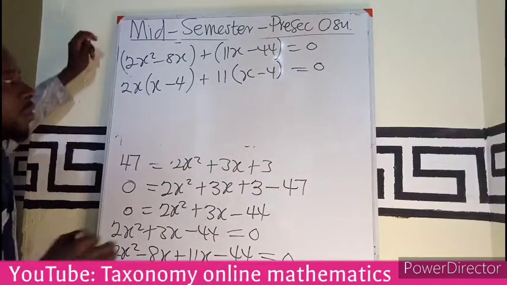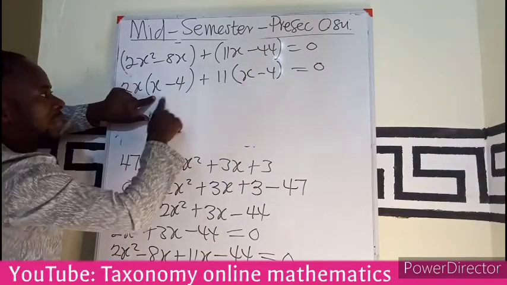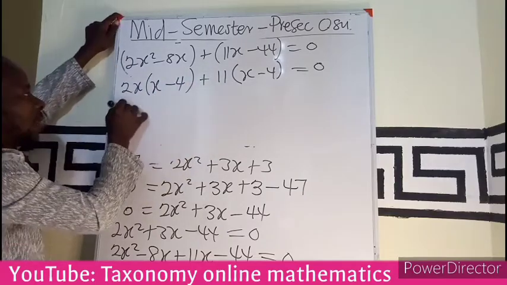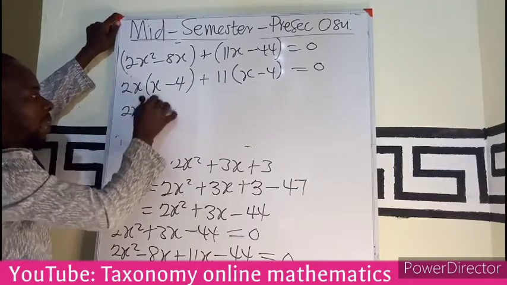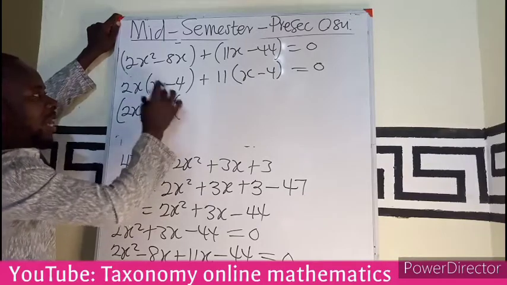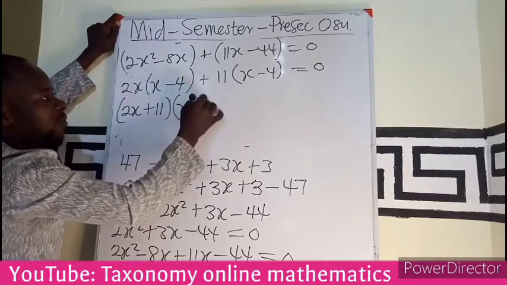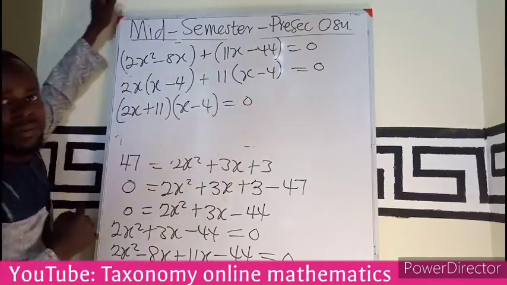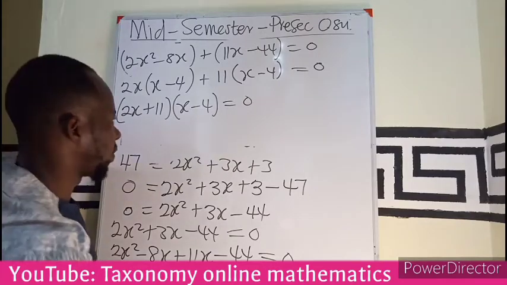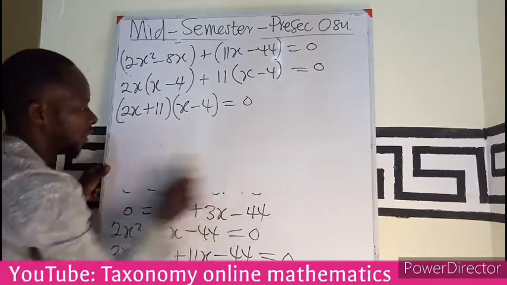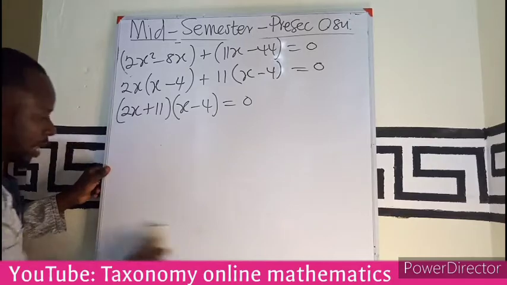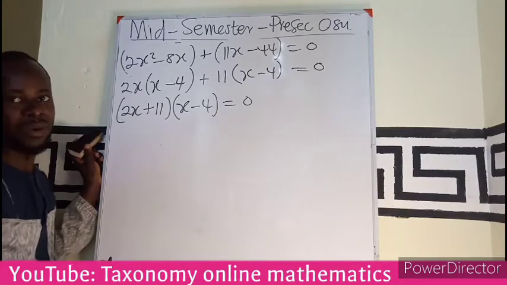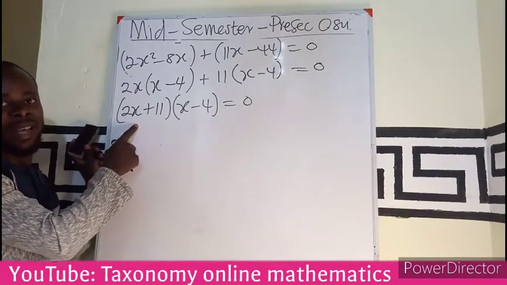Since we are having a common term, we factorize 2x plus 11 in one bracket, then the factor x minus 4 in another bracket. So with this, what do we do? Since we are saying that 2 numbers multiplying to give us 0, it means either one of them is 0.